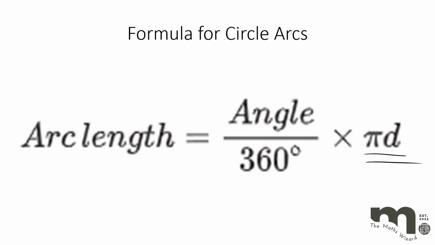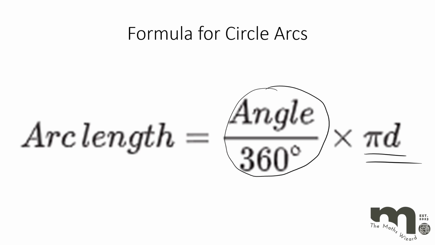But when we include this fraction here, or we can write it as a division if you prefer, that basically works out the proportion of the circle that we had. For those three examples we were looking at, we were doing either a semicircle or a quarter circle.